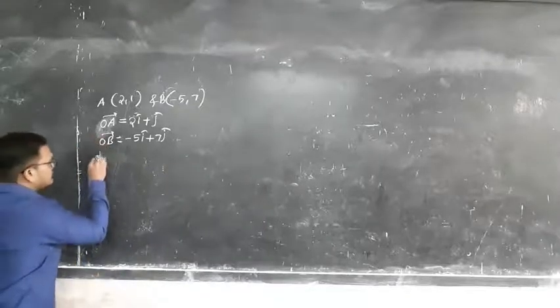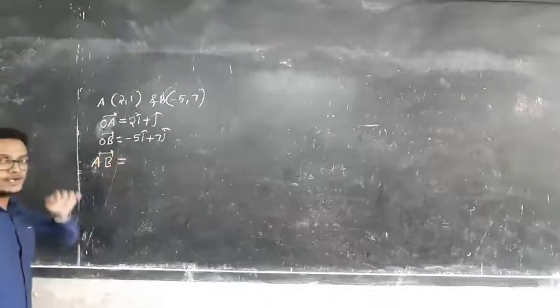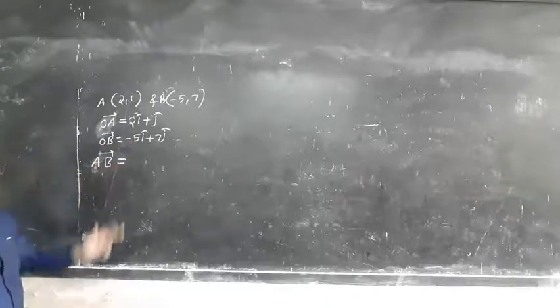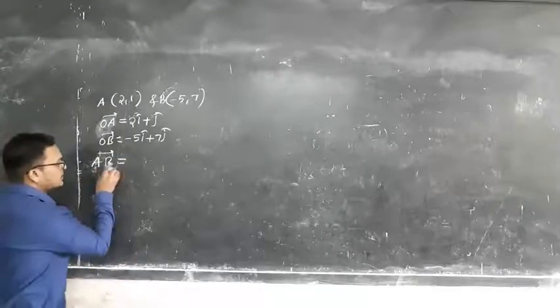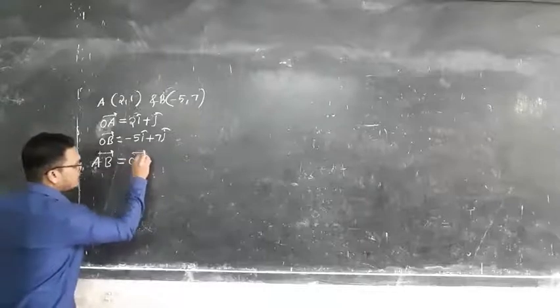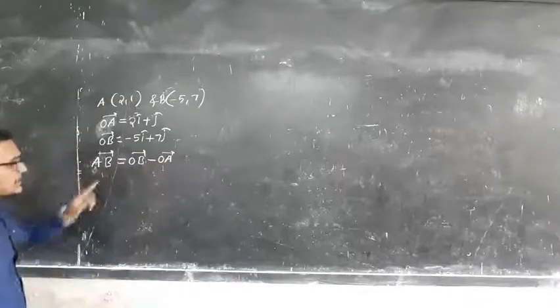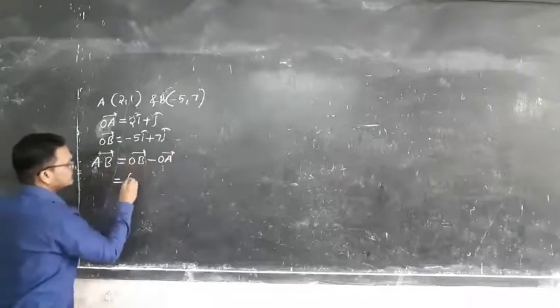When A is the initial point and B is the terminal point, we form the vector AB. In one of the previous derivations I told you how to write vector AB: the position vector of point B minus the position vector of point A, that is OB minus OA. What is OB here?